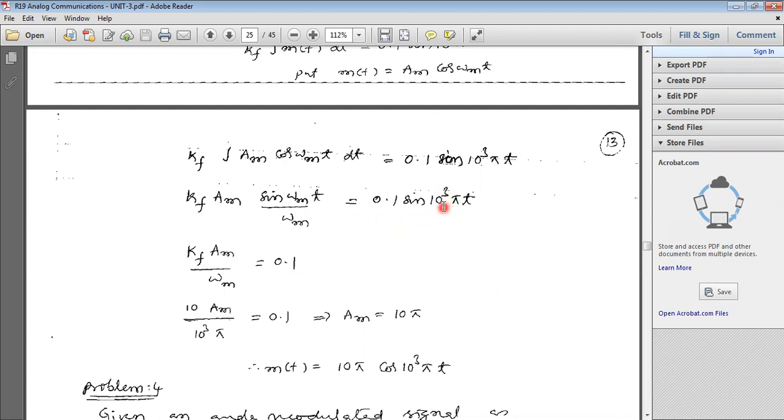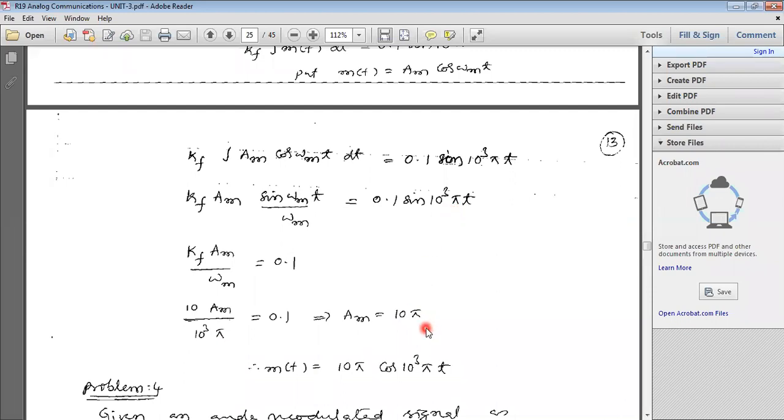Therefore, you substitute omega m as 10 power 3 pi. From that you have Am equal to 10 pi. Here you note down in brackets, since omega m is equal to 10 power 3 pi.